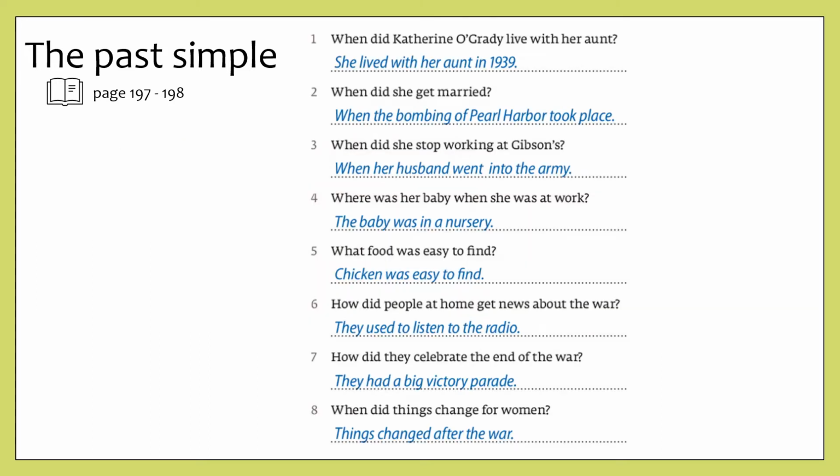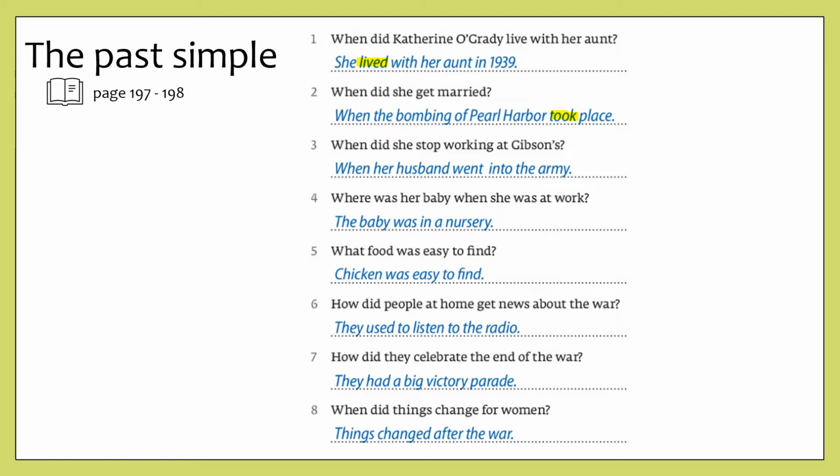In the answers that we wrote down on page 197, you also find a lot of verbs in the past tense.